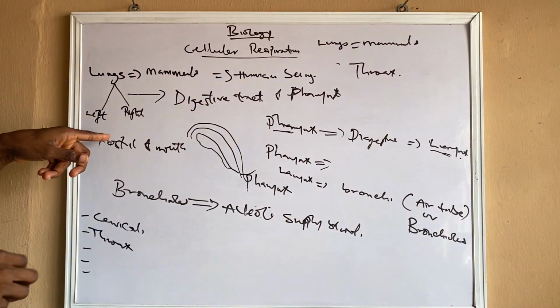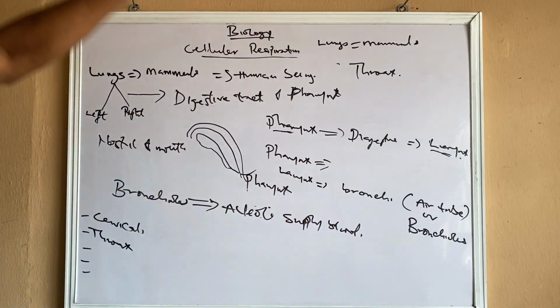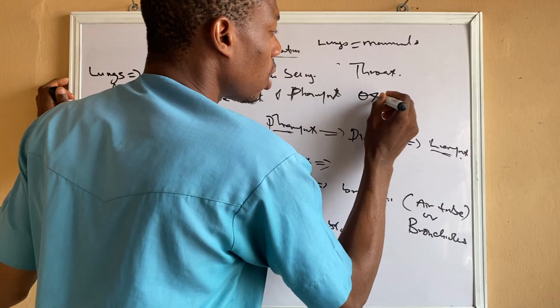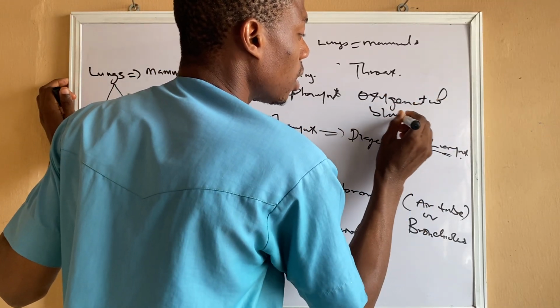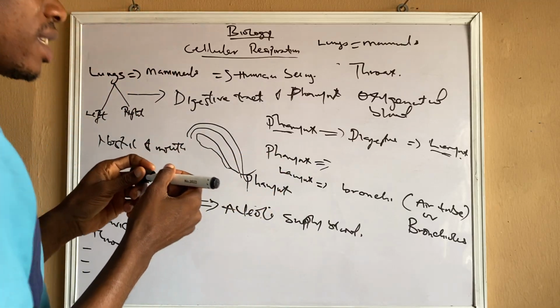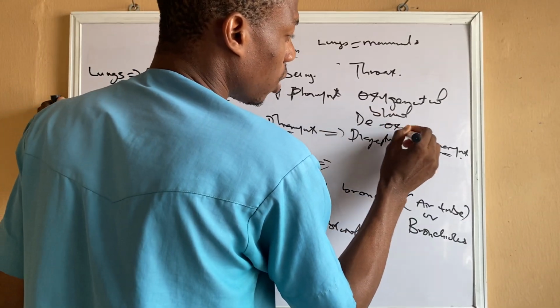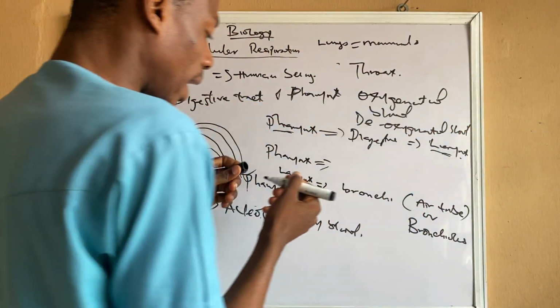that is coming from the nostril has to dissolve in it, because you know that we have oxygenated blood and deoxygenated blood. Do you get that?